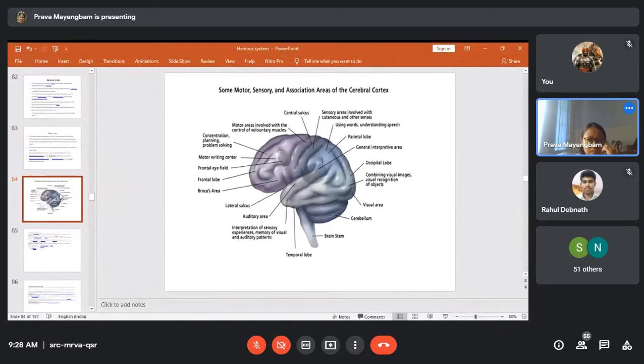This picture is showing some motor, sensory and association areas of the cerebral cortex. On the cerebral cortex, different portions are associated with different activities. Say motor writing center, frontal eye field, frontal lobe. You can just go through. Nothing much to explain here.